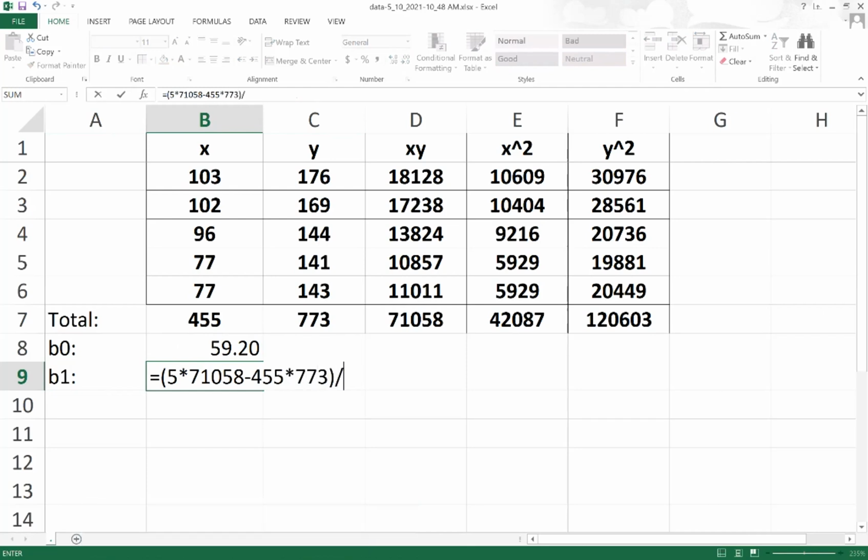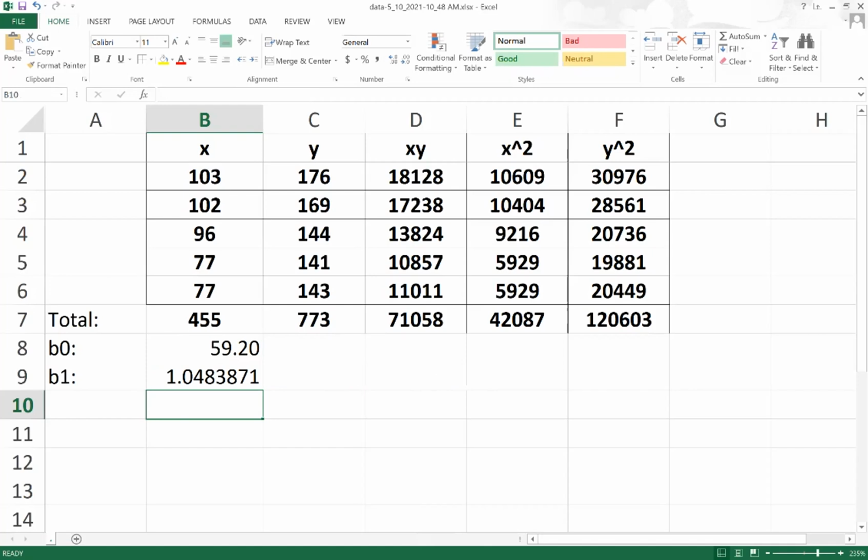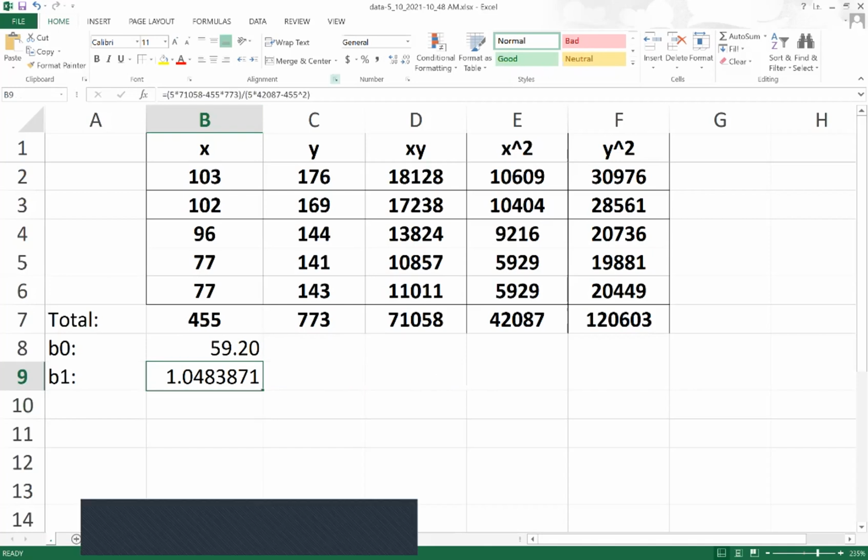That's the numerator, divided by the denominator, sample size 5 times total of X squared, 42,087, minus summation X, which is 455 squared. Okay, that'll do it. And this turned out to be 1.05, rounded to 2 decimal places. That would take care of the first part.